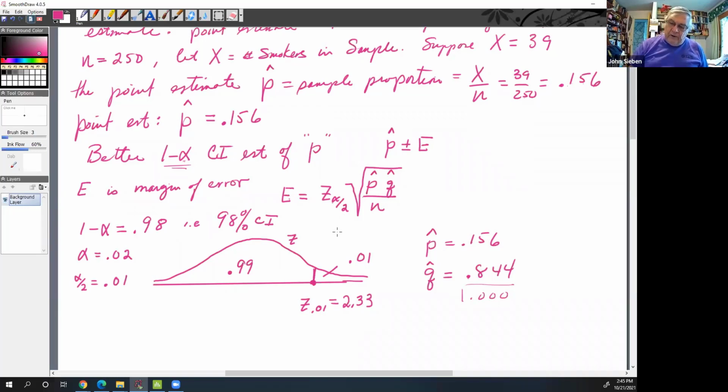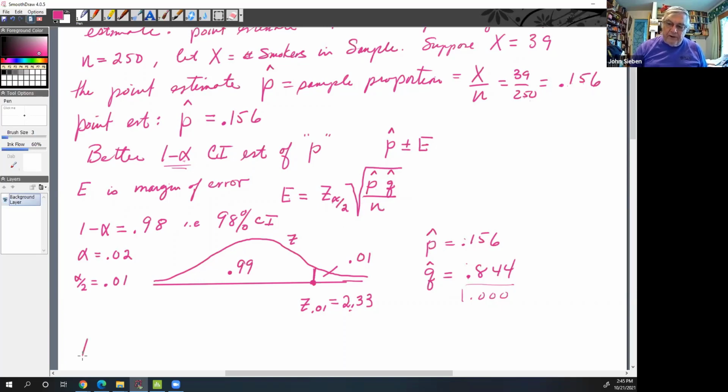So let's see now, do we have everything we need to compute E? Z alpha by 2, we found that. P hat, we found that. Q hat, we found that. N was our sample size, that was 250. I think we've got everything.